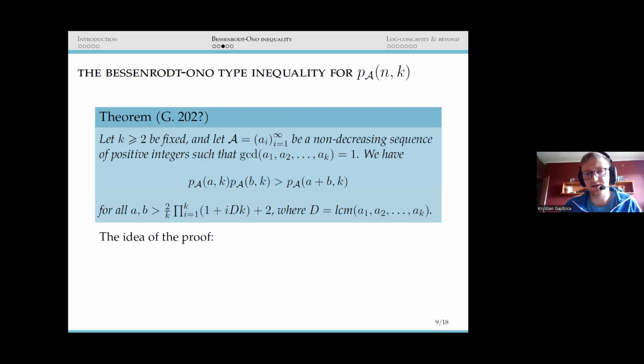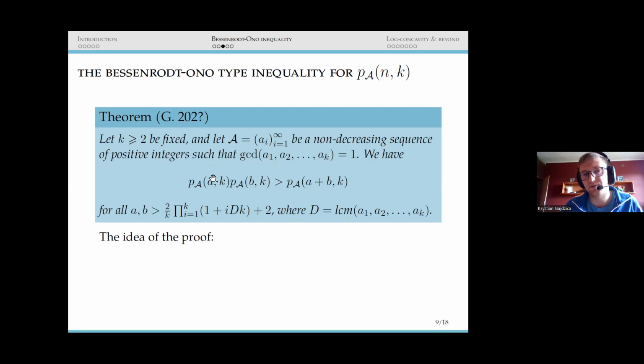Let us observe that this is a very natural assumption, because if the greatest common divisor is larger than 1, then all values of n which are not congruent to 0 modulo this greatest common divisor cannot be expressed as a sum of these elements.